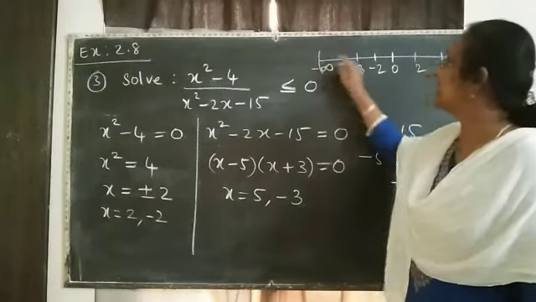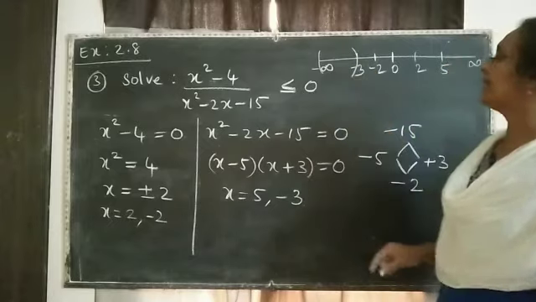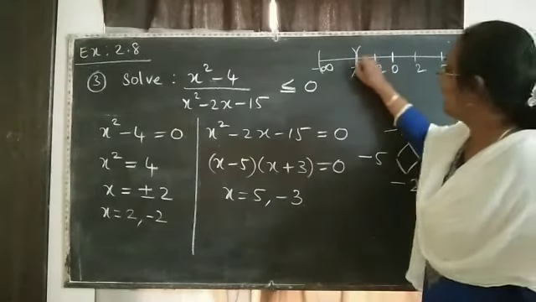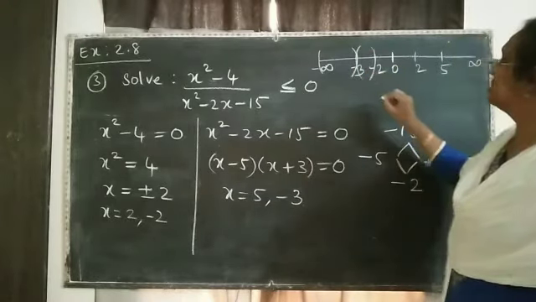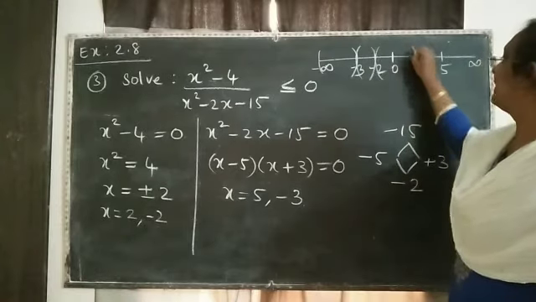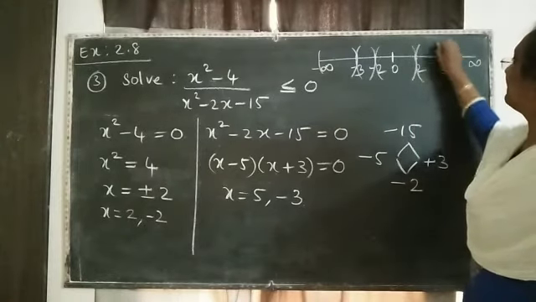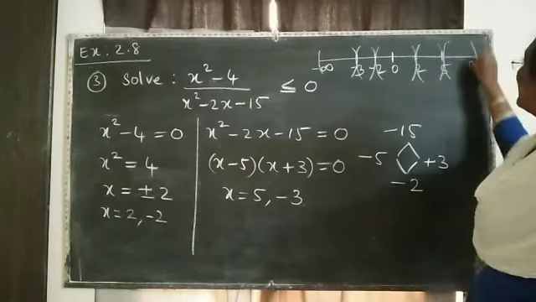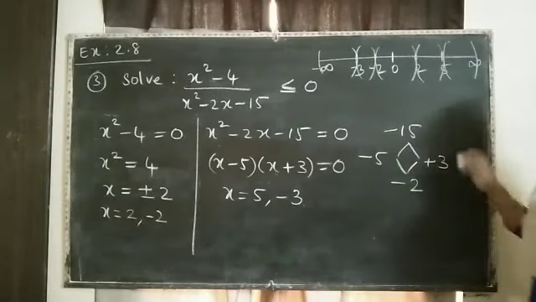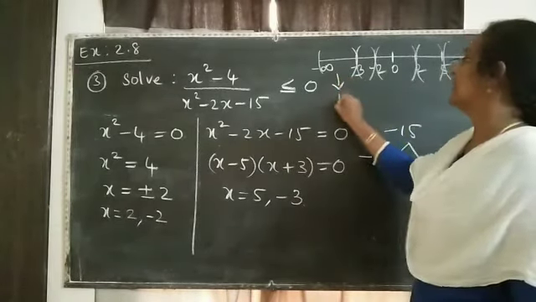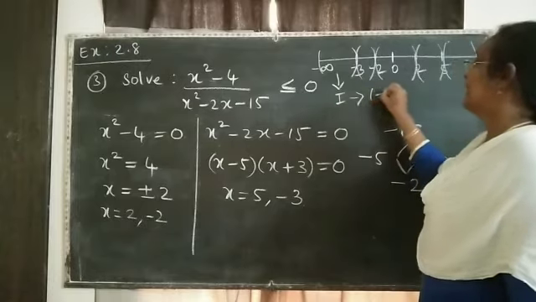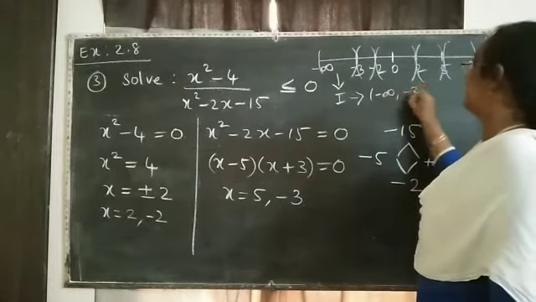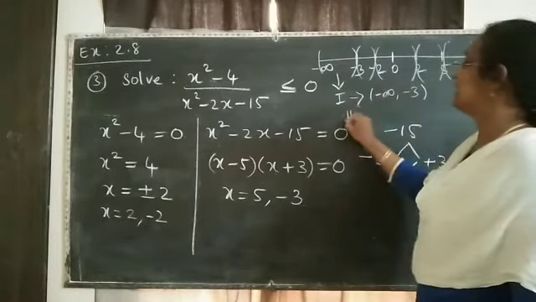Now look into this. What are the intervals we can use? Minus infinity comma minus 3, minus 3 comma minus 2, minus 2 comma plus 2, plus 2 comma 5, and 5 comma infinity. Now look, what are the intervals? The first interval is minus infinity comma minus 3. What is the second interval?